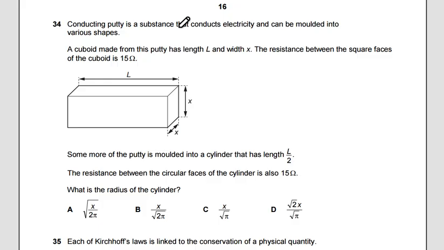Okay, we have the resistance of this cuboid equal to the resistance of the cylinder, and both are from the same material, which is the body. So we can drop rho.